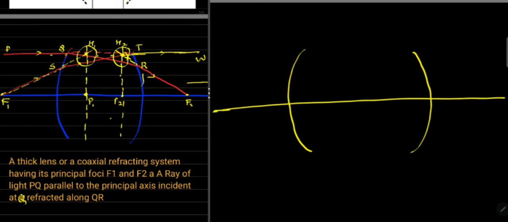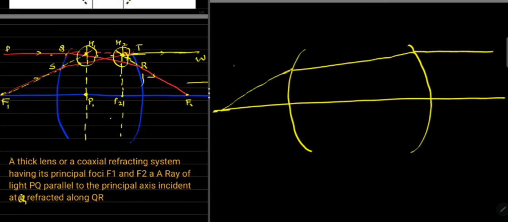So first I will take one of the rays from the point. This is the one ray incident on the first surface and refracted inside that lens, and then emerging from the outer surface.